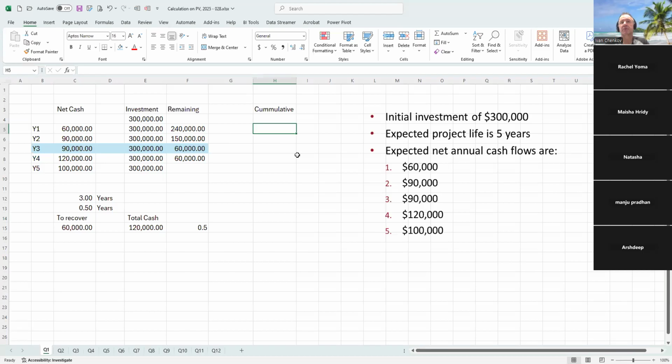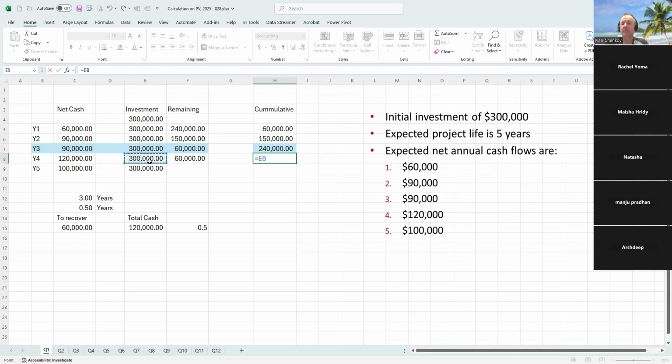The other option that you can have is to start accumulating. First, get the 60,000 here, then you're going to have the 60 plus 90,000, and keep going until you reach 300. 360. So basically in year 4, we're reaching 300. So the question is, at year 3, which we know definitely takes 3 years, how much is left?